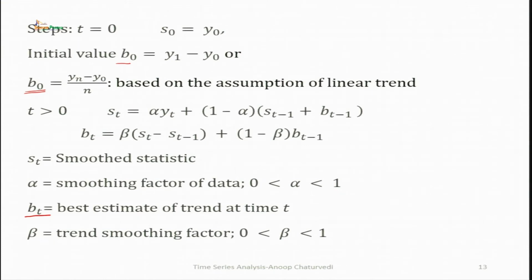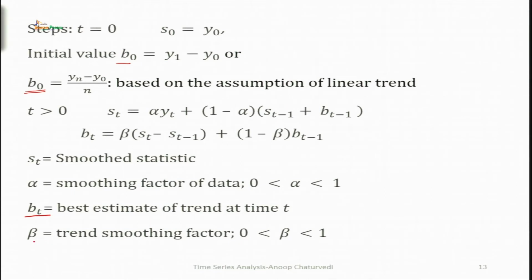For t greater than 0, we define S t equal to alpha y t plus (1 minus alpha) times (S t minus 1 plus B t minus 1). This term B t minus 1 takes care of the trend. Similarly, we take B t equal to beta (S t minus S t minus 1) plus (1 minus beta) B t minus 1.